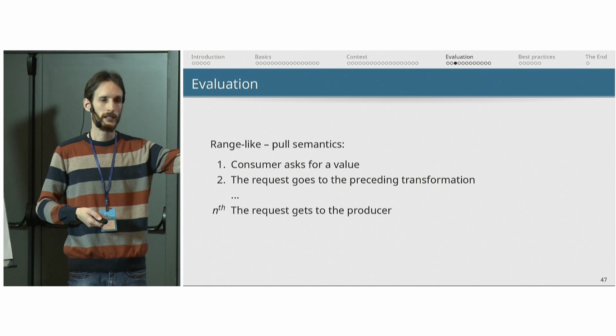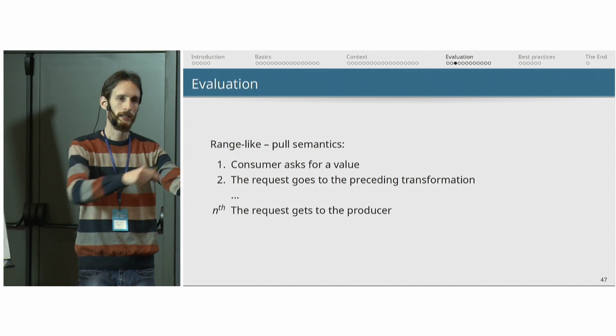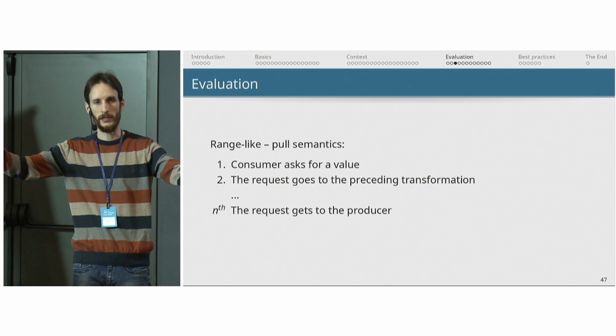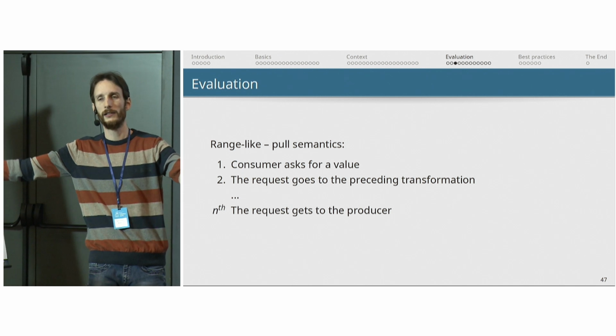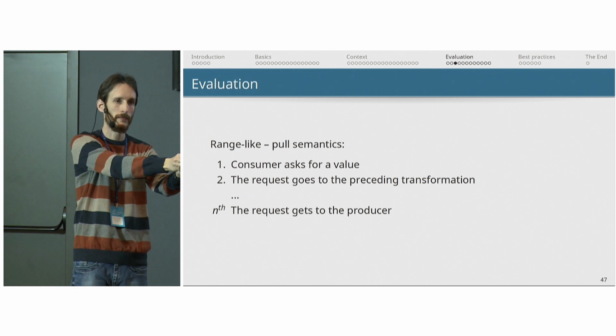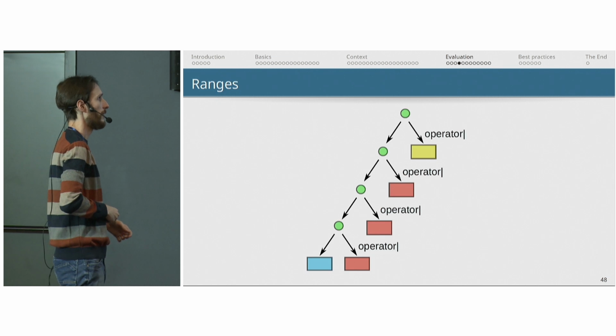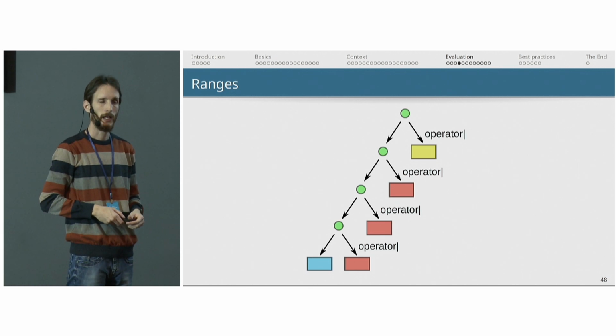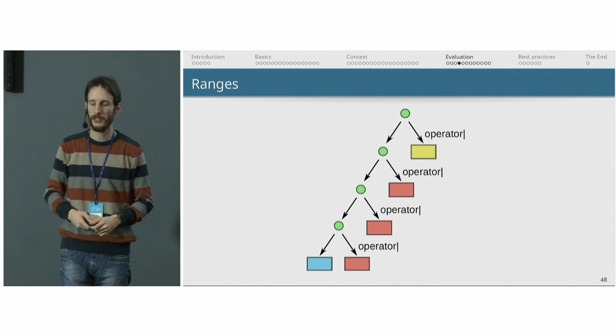The consumer asks for a value, and then that request is transferred to all the transformations in front of it until the value can be pushed back to him. Okay? For this, we would need an AST that looks like this, and not an AST that we've seen.